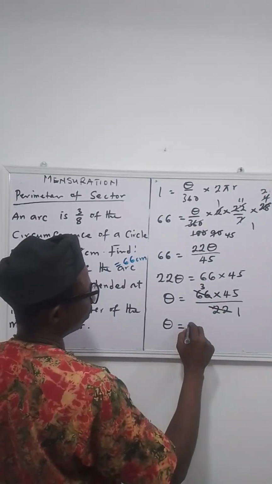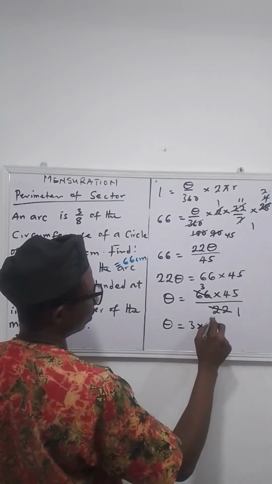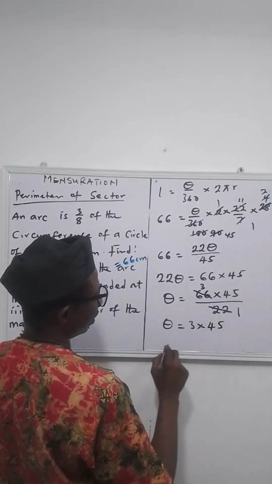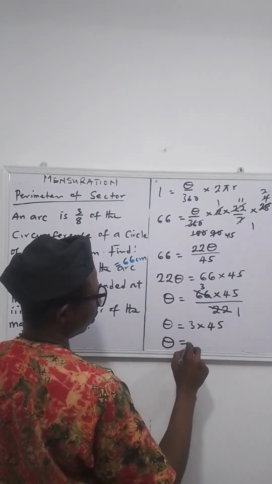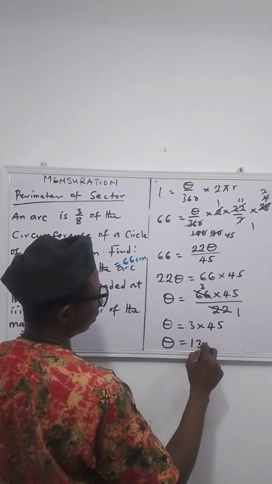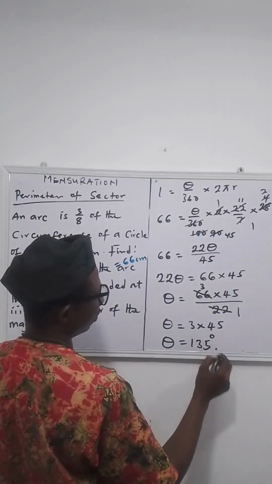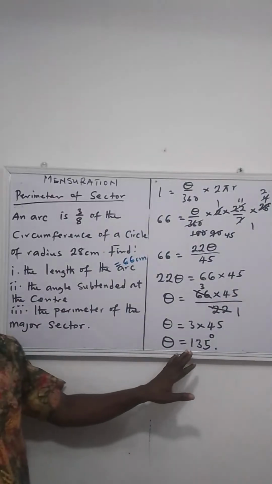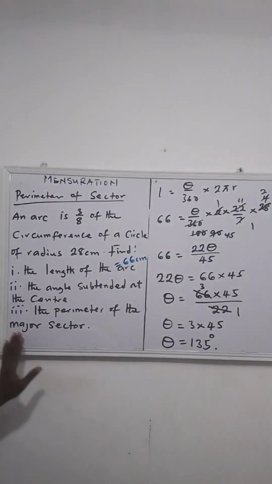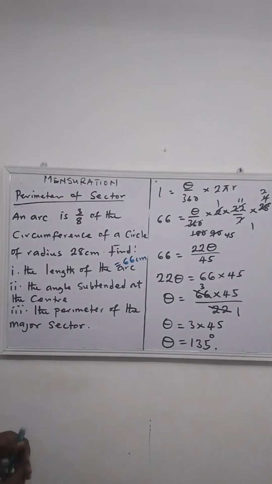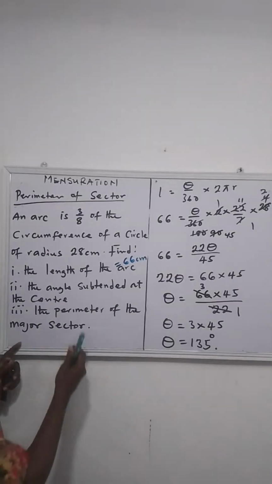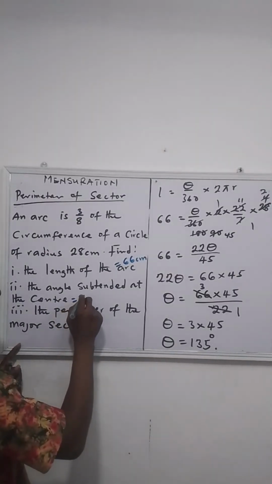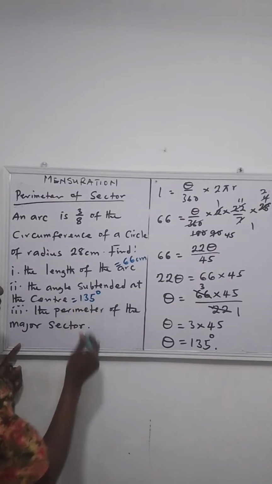So that means we have 3 times 45, and theta will be 135 degrees. So that's what we have. I hope we all understand that. So that is the angle subtended at the center. So we have this to be 135 degrees.